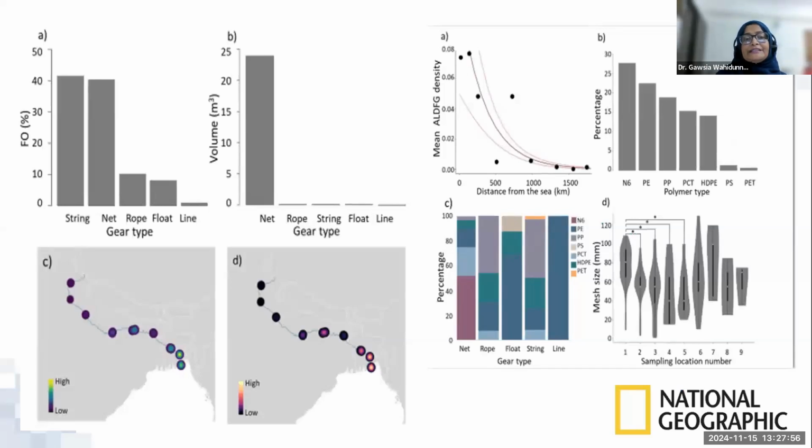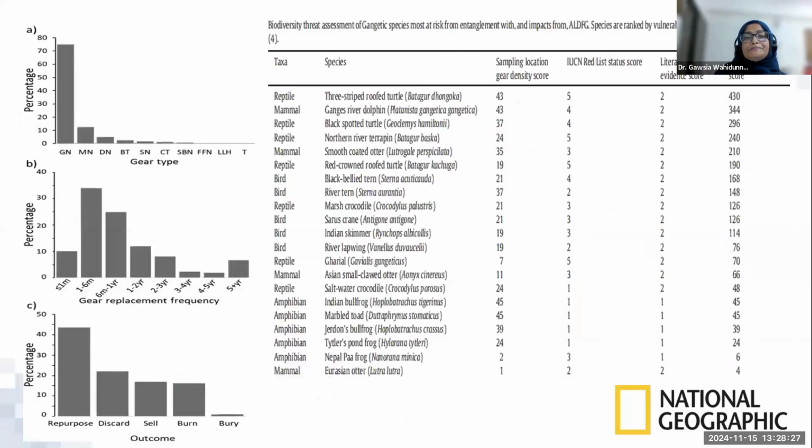This slide shows the frequency of occurrence of gear type, and the volume of gear type, and the heat map is showing their intensity along different sites. And this violin plot is showing the mesh size and the location, and also this stacked bar plot shows the gear type and their percentage, polymer composition, and distance from the sea.